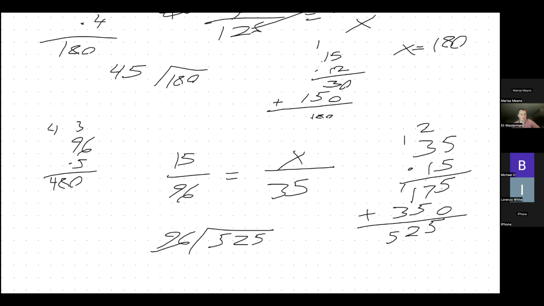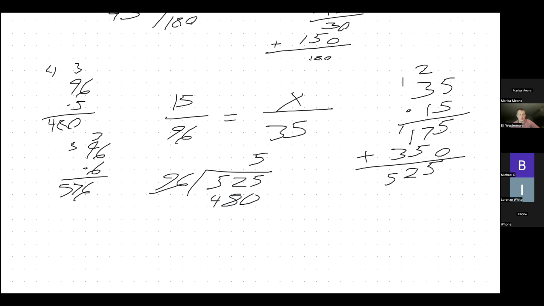So let's say 96 times 6. 6 times 6 is 36. Carry the 3. 9 times 6 is 54, plus 3 is 57. So 576. So it's not going to be an even number. So it's going to be 5, 480. I'm going to bring this down a little bit. We've got to subtract 525 minus 480.